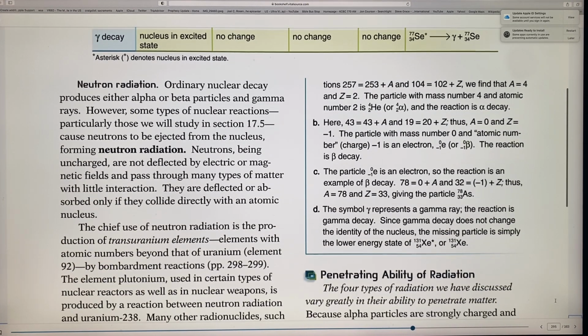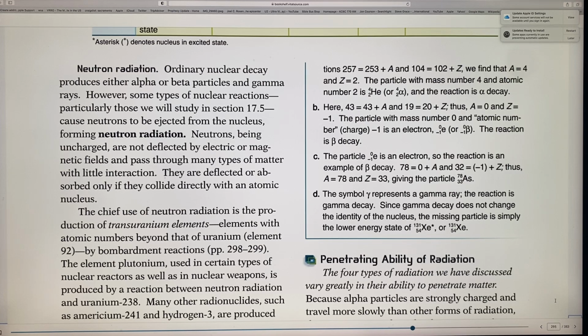Neutron radiation. What is neutron radiation? Okay, neutron radiation is different. Now we had the alpha particle radiation, we have the beta particle radiation, we have the gamma rays radiation. Now we have the neutron radiation.